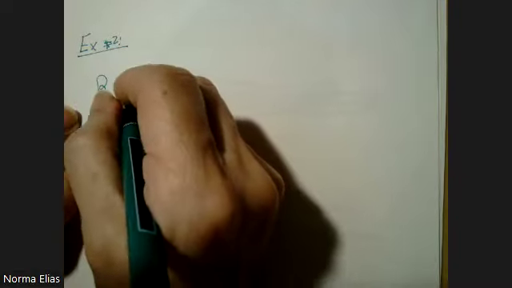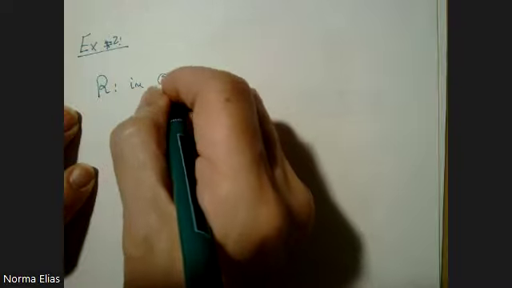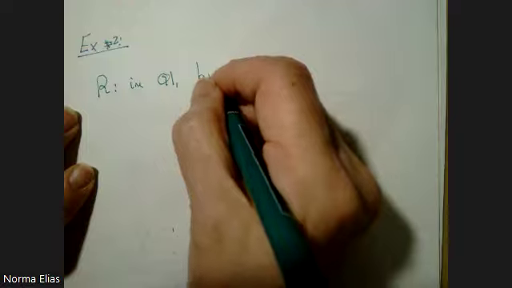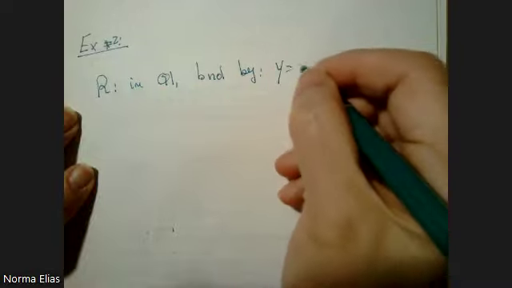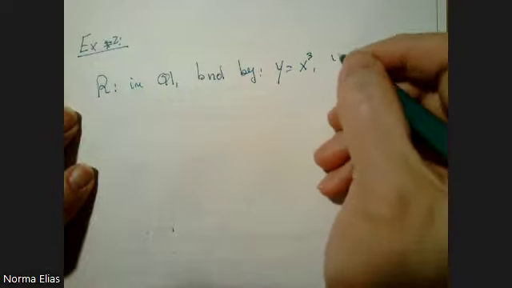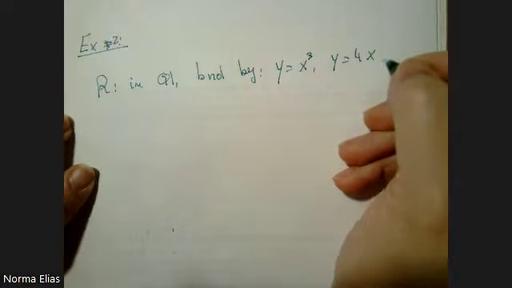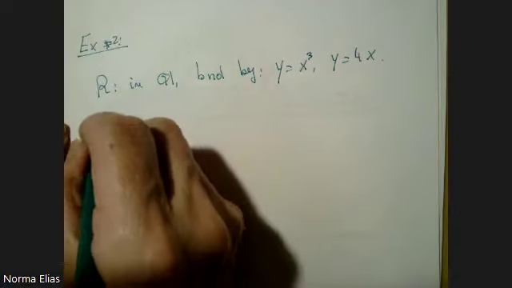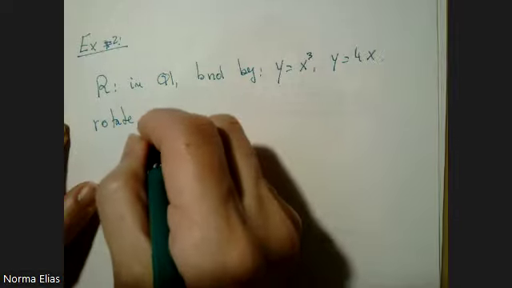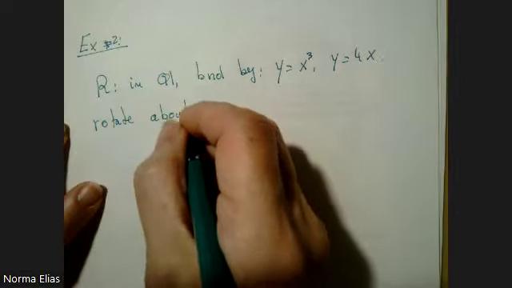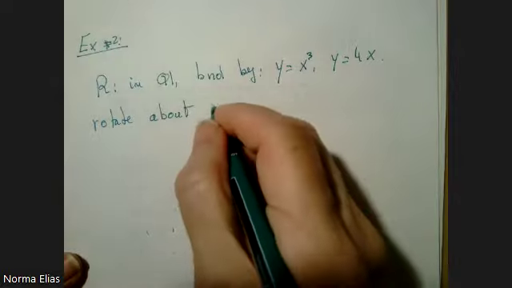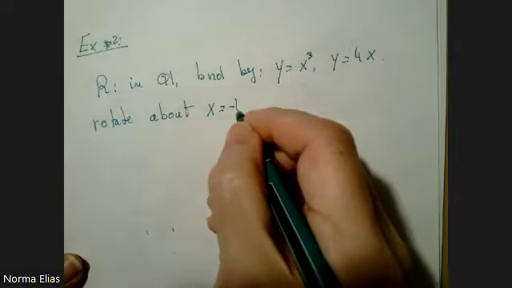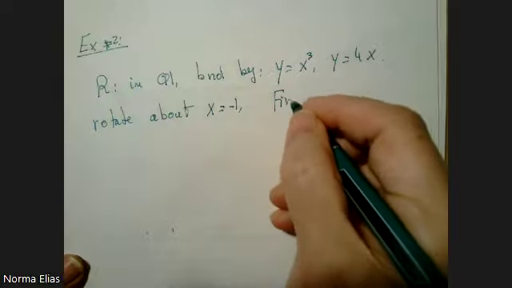So R is the region in quadrant 1, bounded by y equals x cubed, y equals 4x. So the same region. But now we're going to rotate about, let's see what I want, x equals -1. Find the volume of the resulting solid.